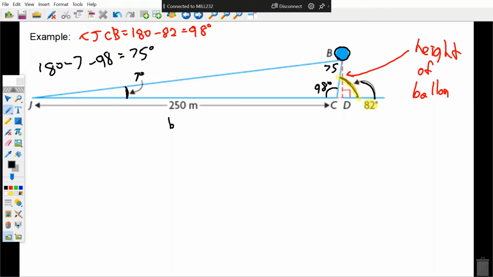Now that I know that angle B is 75 degrees, I have my angle side pair, right? Between angle B, 75, and the opposite side, which is 250. I can use that to find the measure that I really want, this one right here.